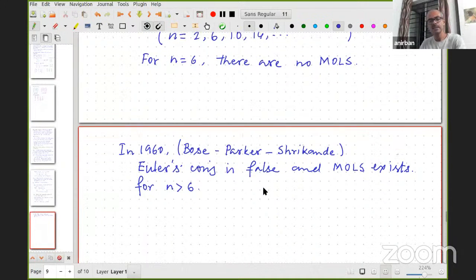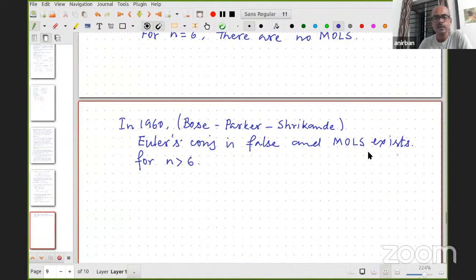But beyond that, you can always find it. And the construction is very complicated. They in fact have an algorithm to construct such mutually orthogonal Latin squares, but that is complicated. So that much is the history.